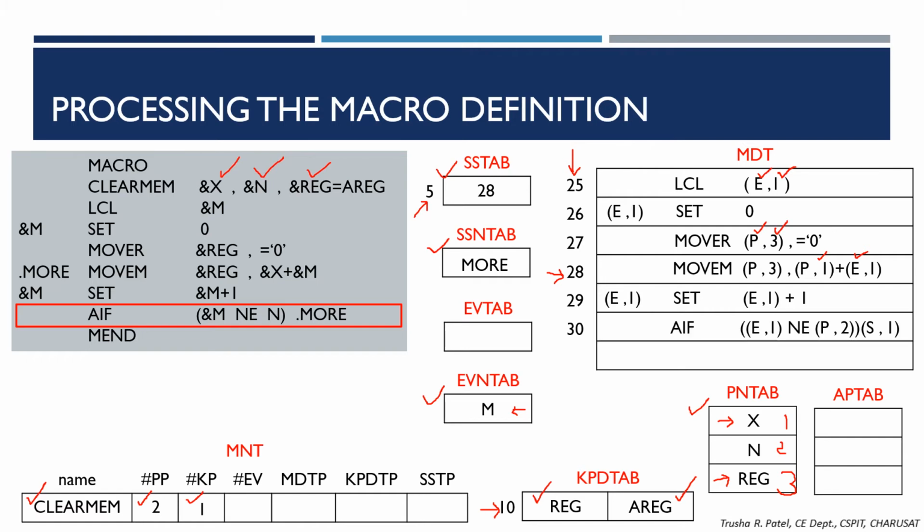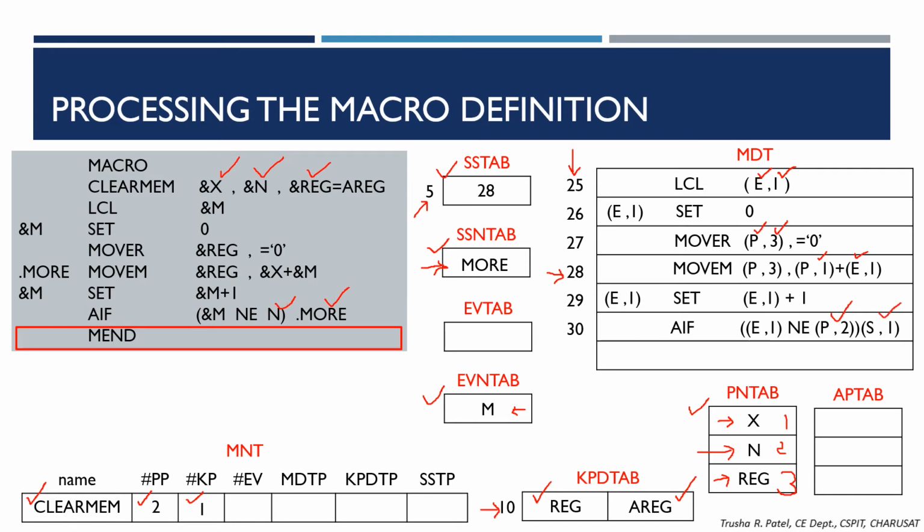So for AIF, instead of M we will write E comma 1, then the not equals condition will remain as it is. Now here N is the parameter which is available at the second index, that's why it is written P comma 2, and MORE is a sequencing symbol and it is available at index number 1 in the SSNTAB, that's why it is written S comma 1.